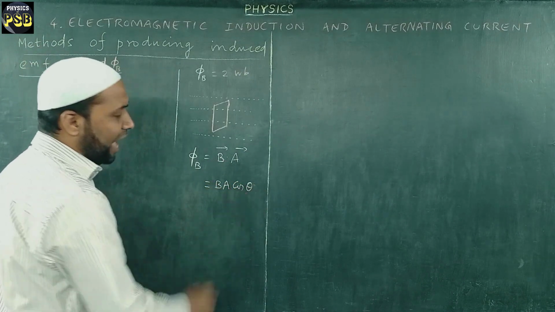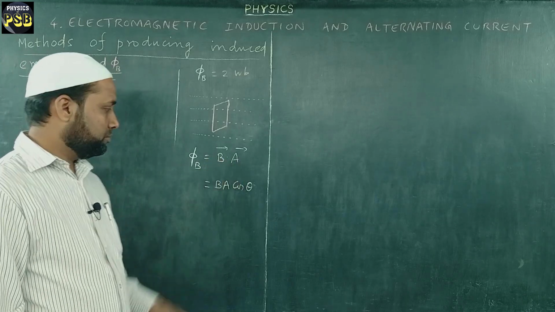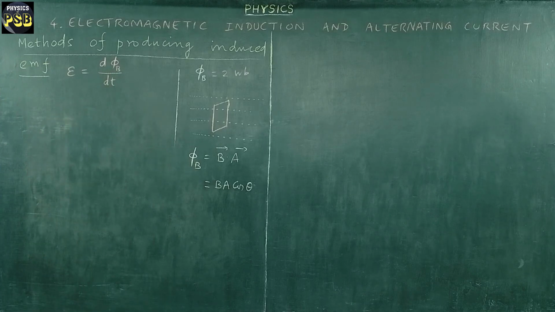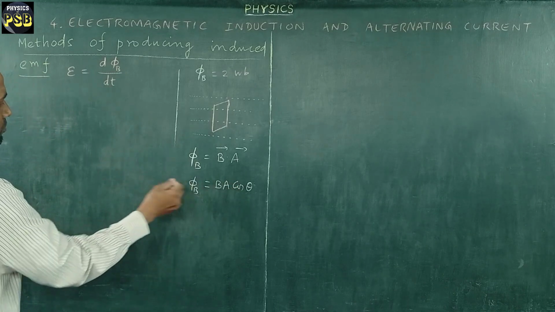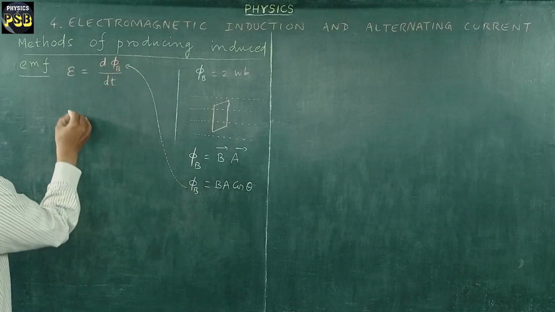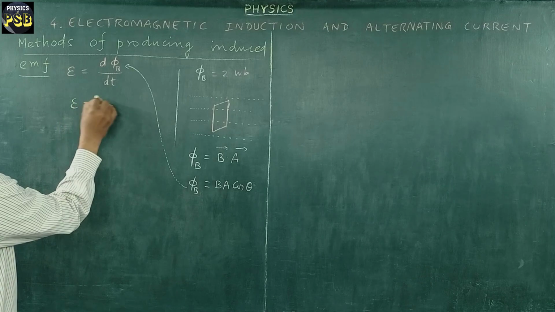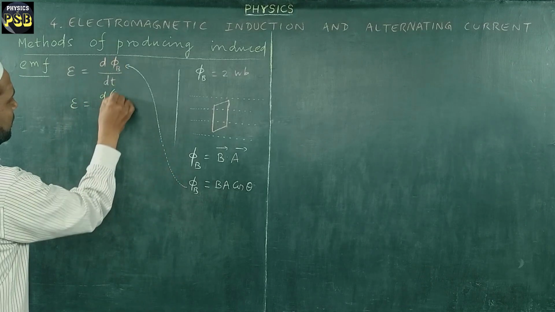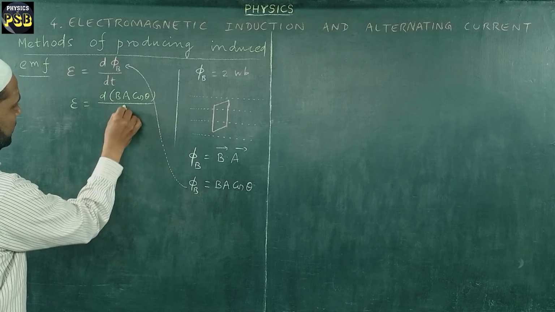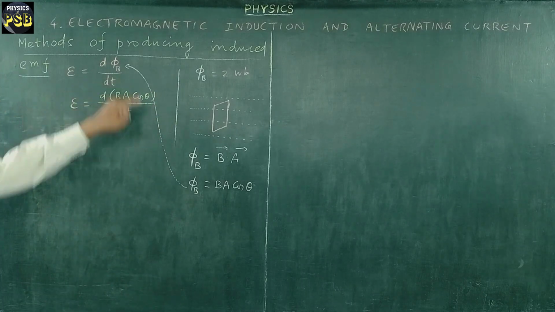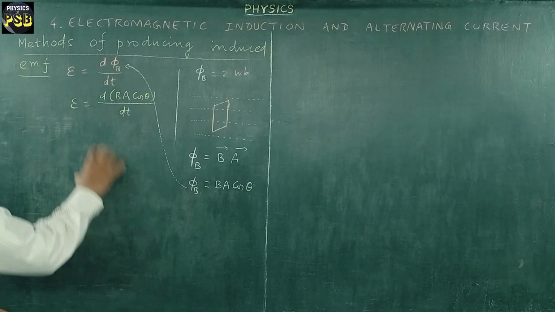Here, theta is the angle between B and A. Okay, this I am going to substitute here. In the place of phi b, I will substitute its value. Let's see what I will get if I do so. There. Epsilon equals, in the place of phi b, I write BA cos theta, divided by dt.